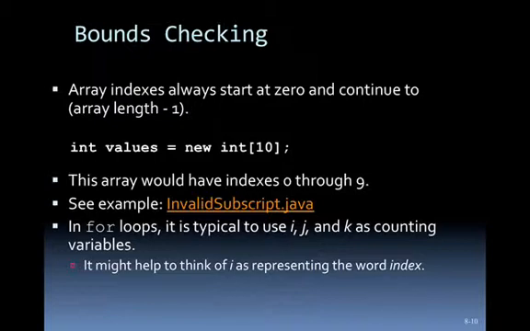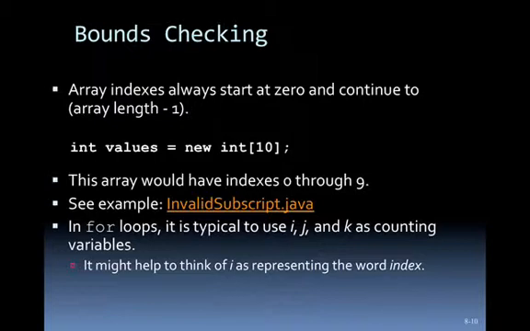So keep in mind that they always start at 0, and they continue until the size of the array minus 1. When we think about an array of integer values called values, and we say that we're going to make that array hold 10 items, our indexes are going to be 0 through 9.